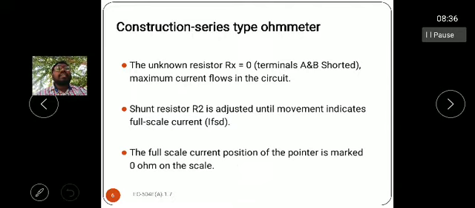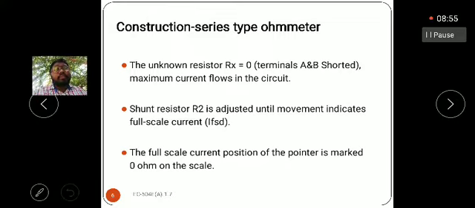The unknown resistance Rx is 0, that means the resistance is minimum and the terminals A and B are short circuited. Then the meter gives the maximum response, that is, the maximum current flows in the circuit.